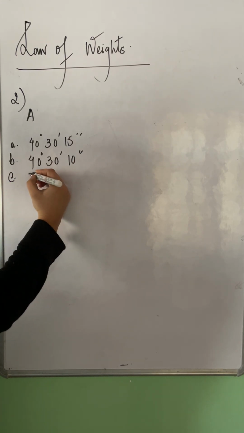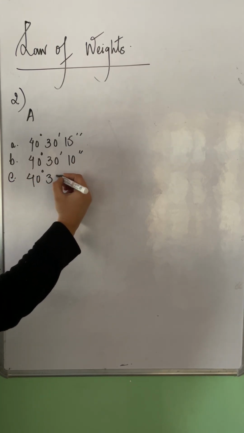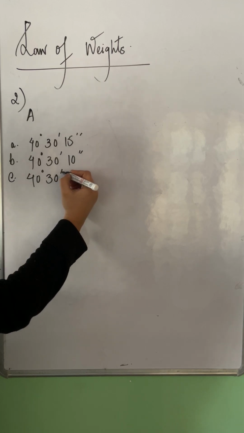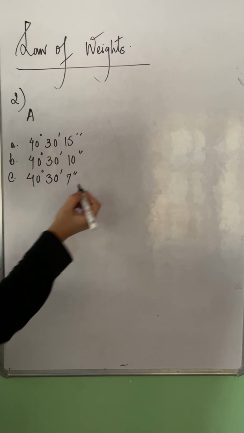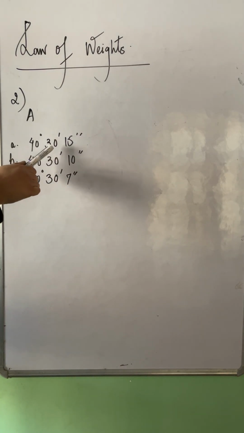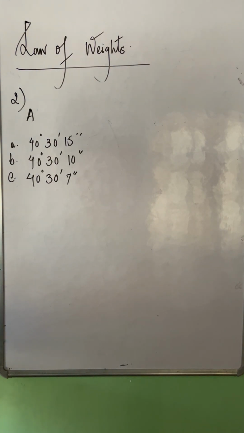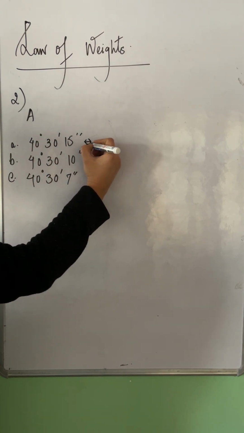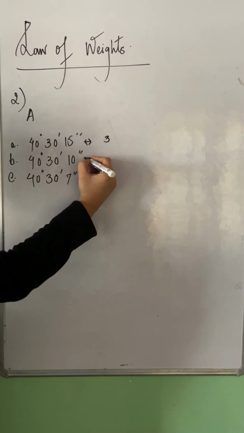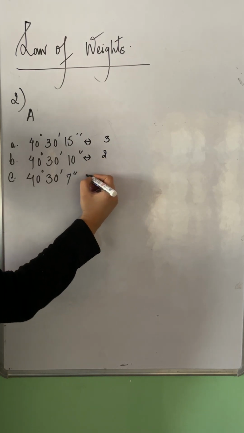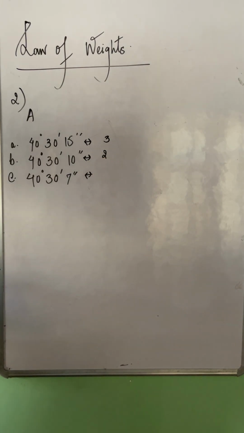And the third observation is 40 degrees, 30 minutes and 7 seconds. But each observed quantity has a different weight. The first one has a weight of 3, the second one 2, and the third one unity.